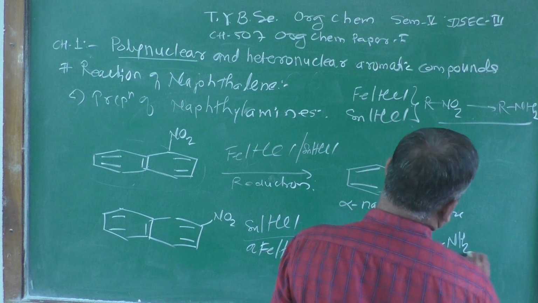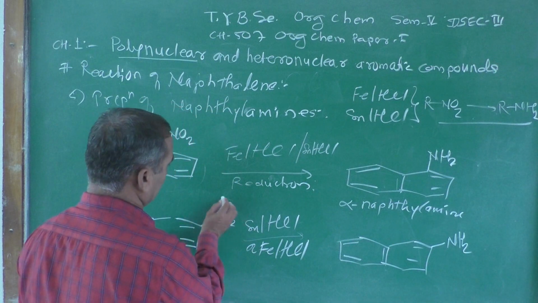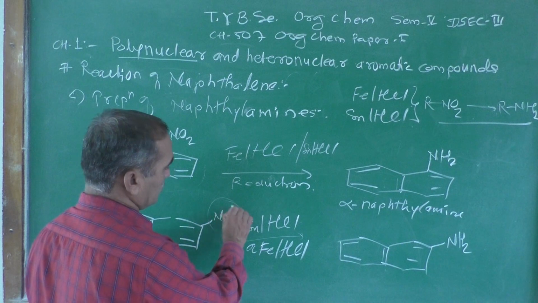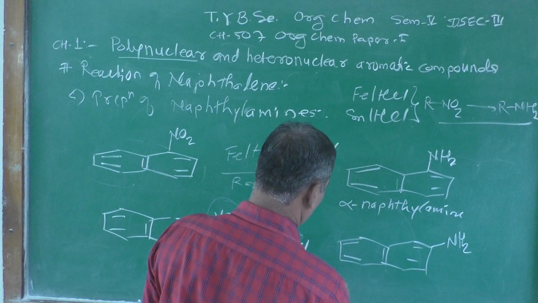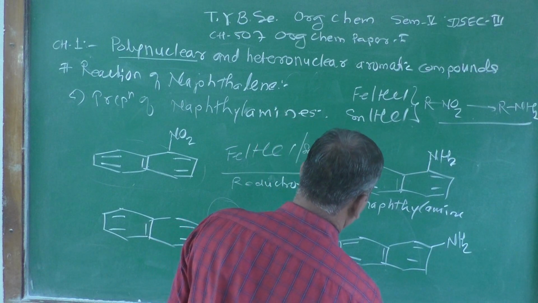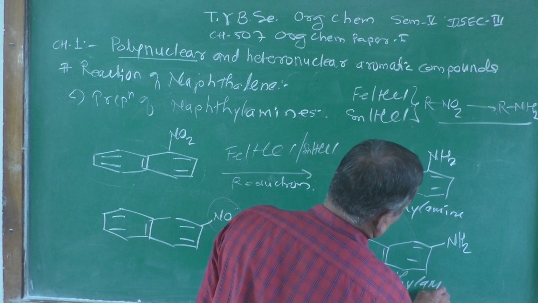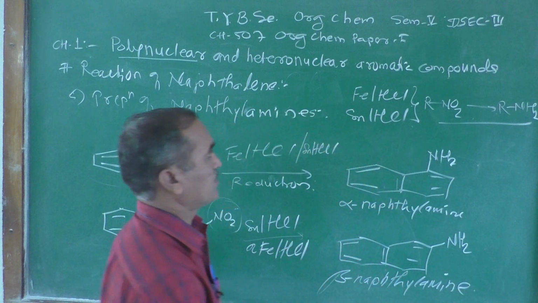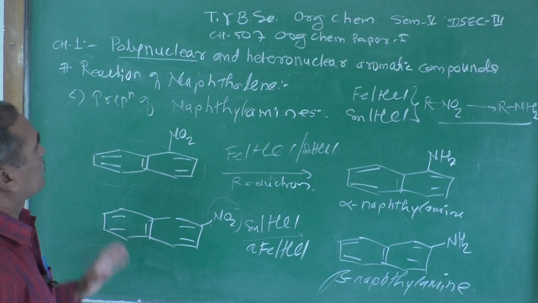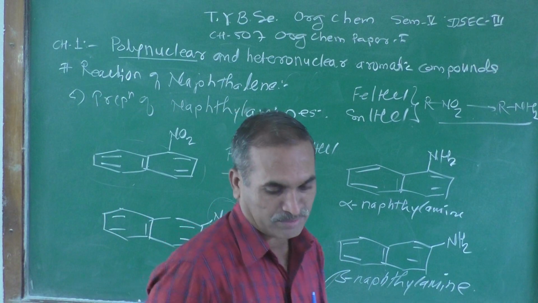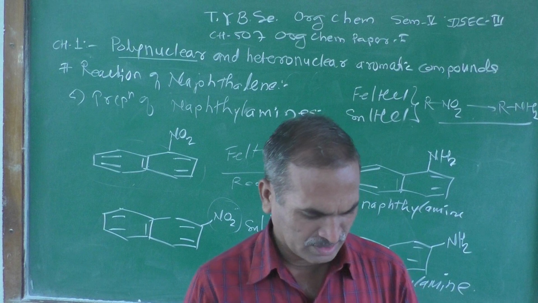Only the position of the amino group remains as it is, because the nitro is the reaction center, which is reduced, and the product which we get is beta naphthylamine. So this is one way of preparation of naphthylamine starting from the nitro compound.